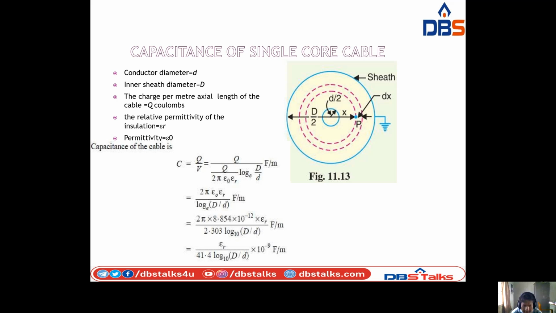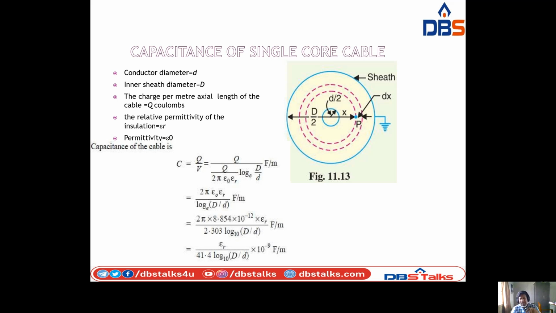We know the epsilon naught value, that is 8.854 into 10 power minus 12. So 2 pi into 8.854 into 10 power minus 12 epsilon r divided by, now log base e is converted into log base 10, that is log base e is equal to 2.303 log base 10, so 2.303 log base 10 capital D by small d farad per meter.